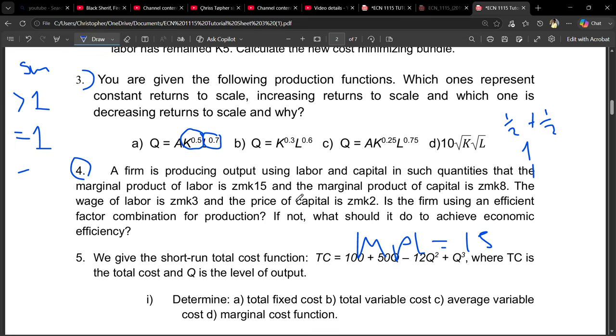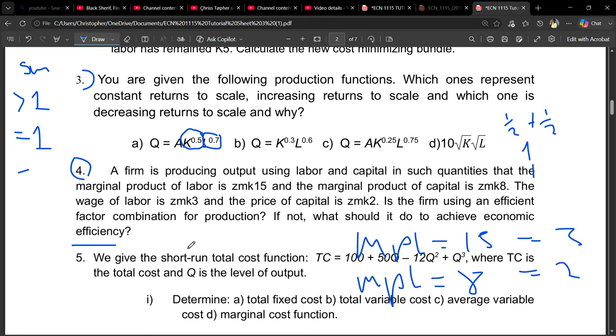If you continue reading, it says the marginal product of capital is 8, the price of labor is 3, and the price of capital is 2. So what they're asking is whether the firm is using an efficient factor combination for production. If not, you have to state why, and what it should do to achieve efficiency.